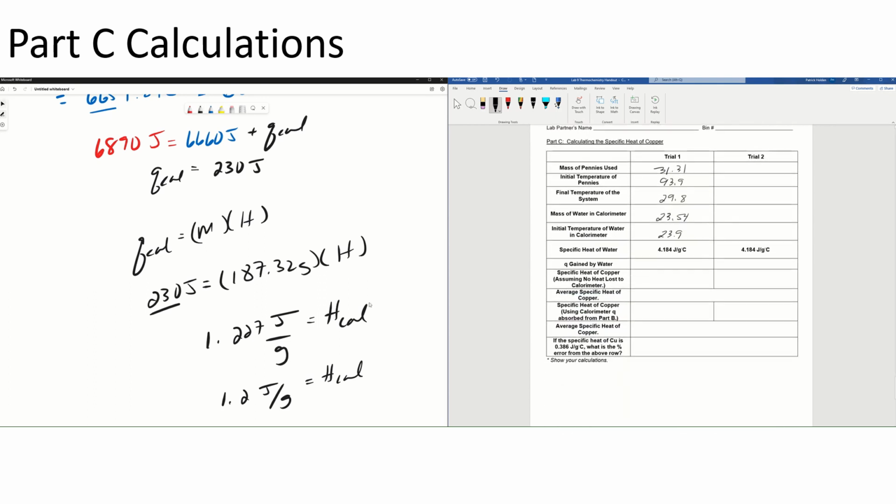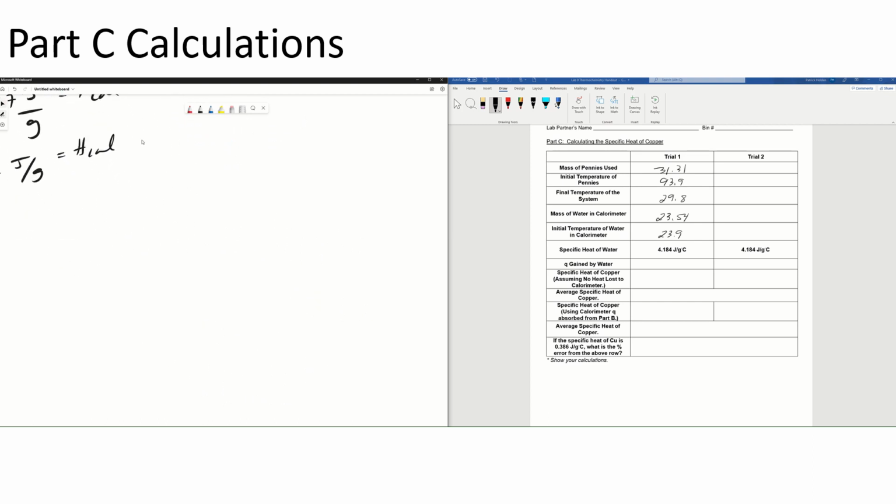All right. So let's go ahead and look at this calculation. We have our copper pennies, and we know that the heat from those hot pennies should go into the water. And we understand that we're going to lose some to the calorimeter, but initially, we're just going to focus on this part.